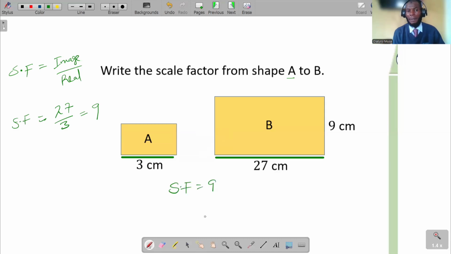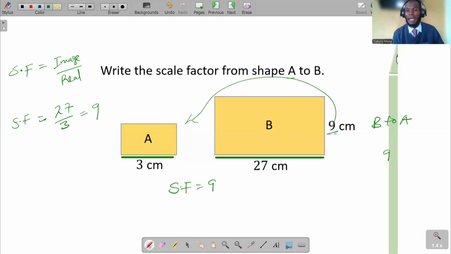Having known our scale factor to be 9, we can equally find the other side. Here it is the other way round, B to A, so B becomes the real, while A becomes the image.